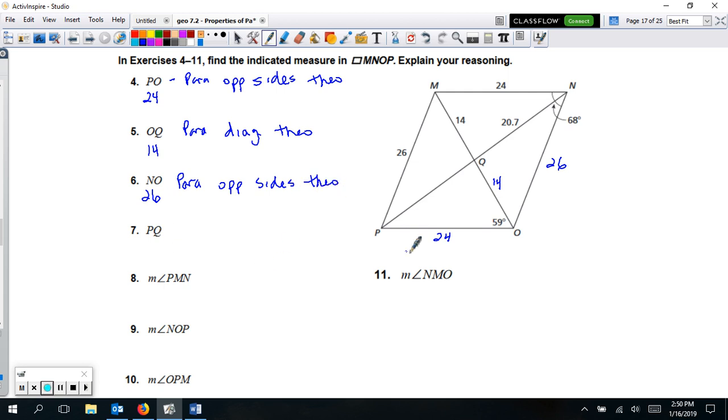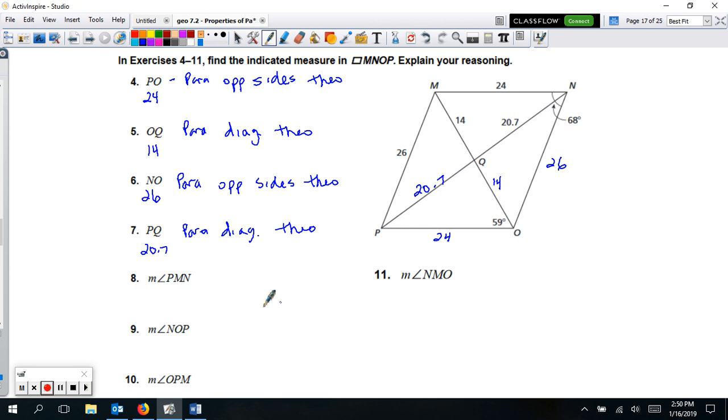And then PQ, so P to Q is another part of a diagonal. This side of the diagonal is 20.7, so this side also must be 20.7 because these are congruent. So PQ is 20.7, and that's again the parallelogram diagonals theorem.